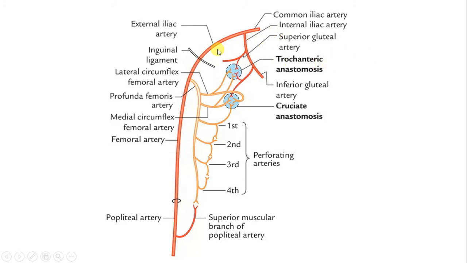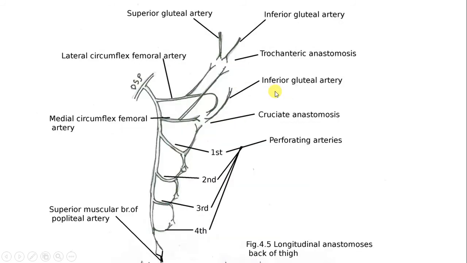And the importance is that if the femoral artery or the external iliac artery is blocked here, the blood supply to the lower limb can be re-established through these anastomoses through the internal iliac artery. In this sense, they are very, very important. Alternative blood supply from the internal iliac artery. Now you can imagine the importance of these two anastomoses.